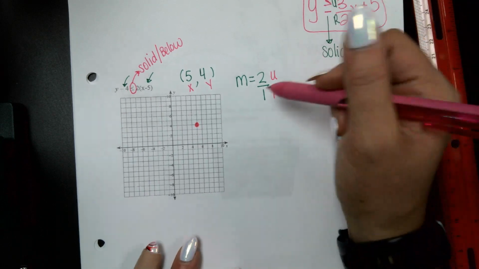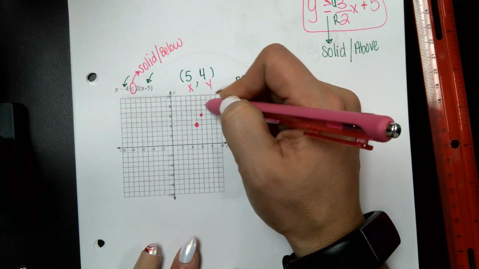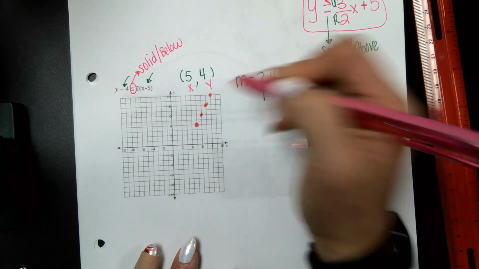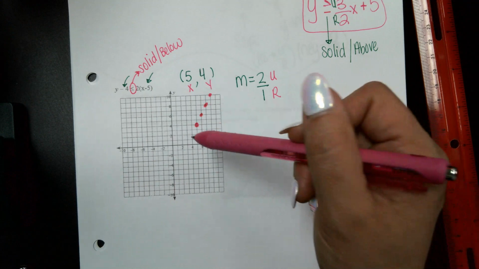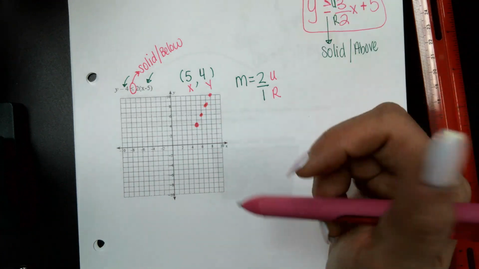So now we're going to go up 2, right 1, up 2, right 1, up 2, right 1, up 2, right 1. Well, you better make more points than that. That's not enough points. Okay, so you already did that.